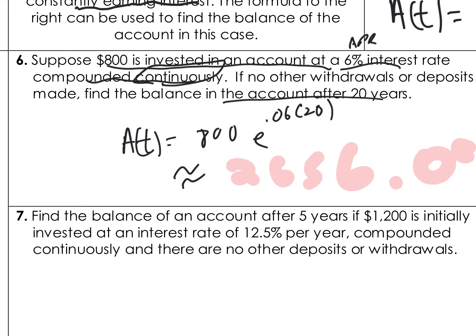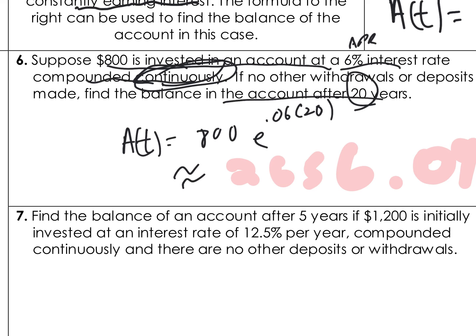Oh, 09. Why so much money? Because it's continuously. Is that the main reason? Or does it help that that money was staying there for 20 years? The 20 years definitely does help.